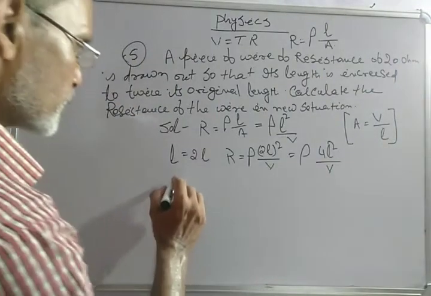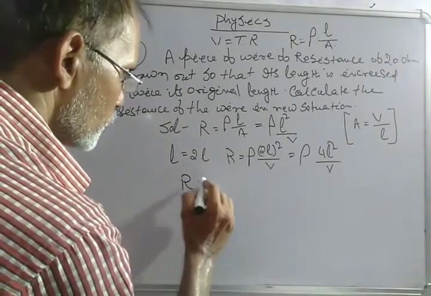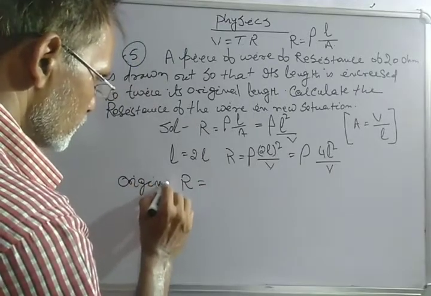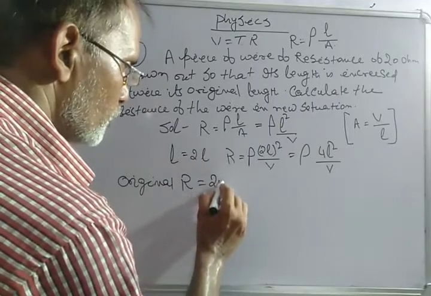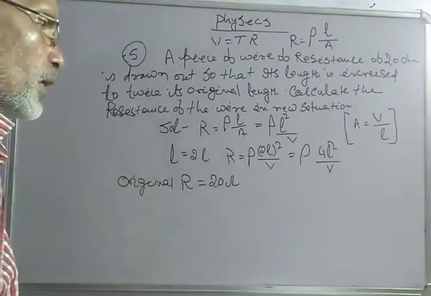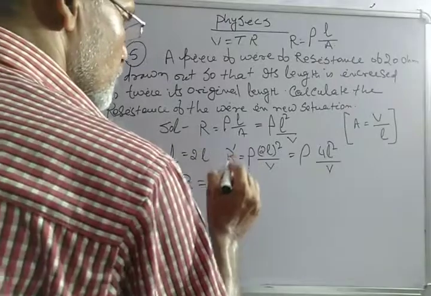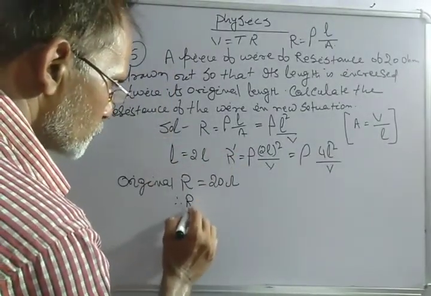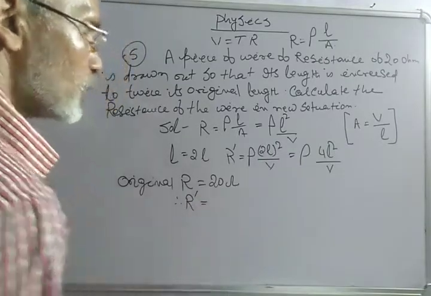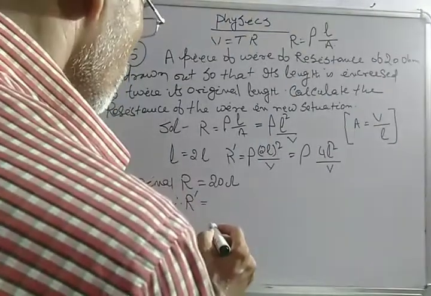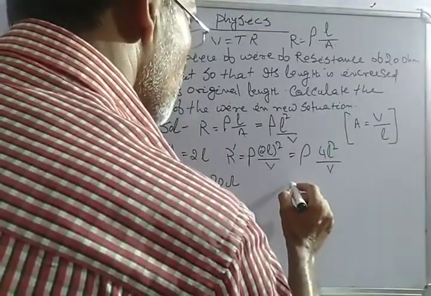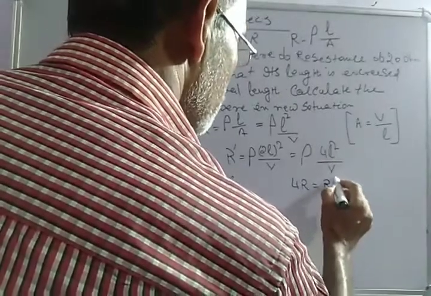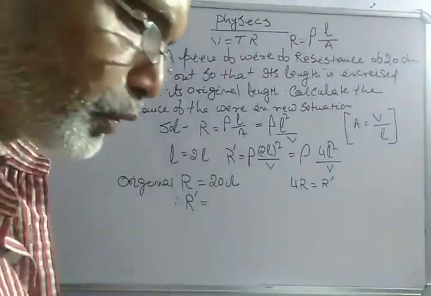Now the original resistance is given here, equal to 20 ohm. Therefore R dash, which is the new situation resistance, will be equal to 4R.